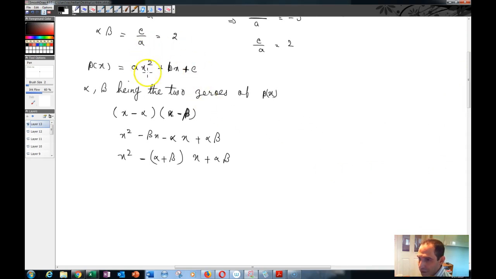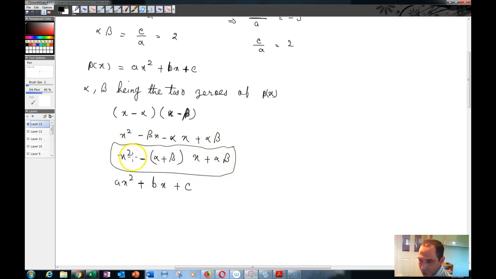It actually makes sense that there is this relationship between these coefficients and the roots of the polynomial, meaning that this polynomial was ax squared plus bx plus c. So now I have written the same polynomial in terms of the zeros, and if you multiply it, you will get it in this form.